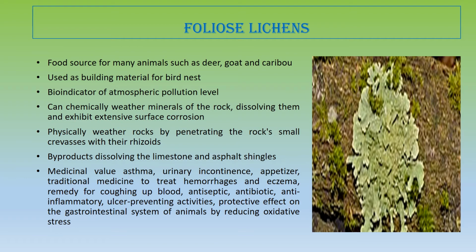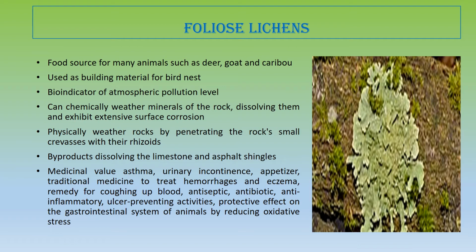Foliose lichen has a wide variety of medicinal properties. It helps against asthma and urinary problems. It also acts as an appetizer. It can be used in the treatment of hemorrhages and eczema. Also, because of its antiseptic and antibiotic properties, it is a very good ulcer-preventing substance.